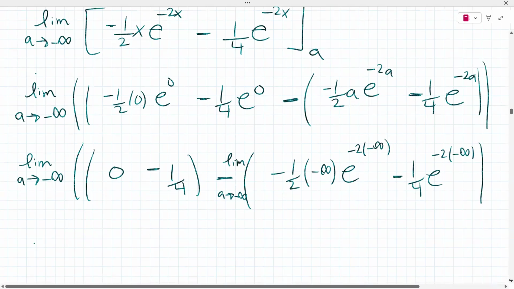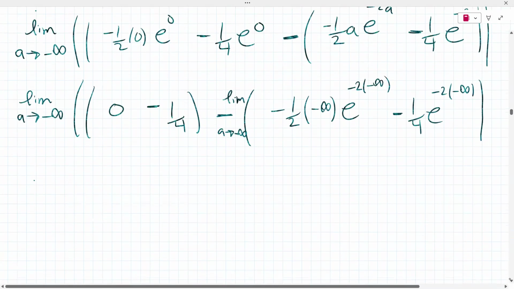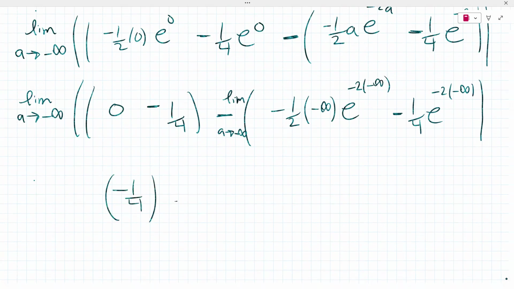Okay, clean this up a bit. So 0 minus 1/4 is negative 1/4, minus, over here, this is going to be negative times a negative, so it's minus bracket.